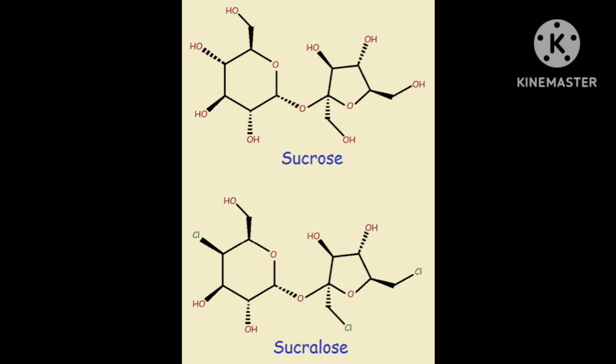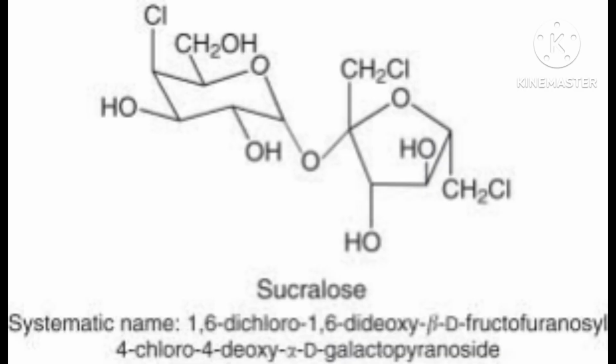The long structure is divided into two parts: first the aspartic acid part, and second the phenylalanine methyl ester part. And as I told you, its sweetness is 100 times more than sucrose.